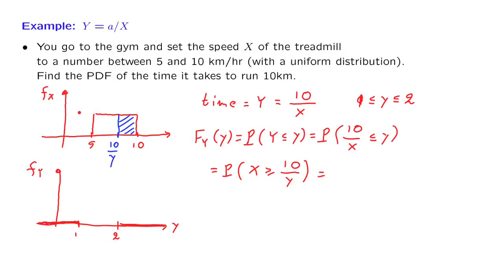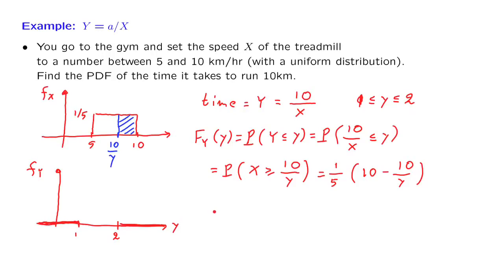Now the height of this rectangle is going to be 1/5. This is the choice that makes the total area under this curve be equal to 1, times the base. And the length of the base is this number 10 minus that number. It's 10 minus 10 over y. So this is the form of the CDF of y for y's in this range.